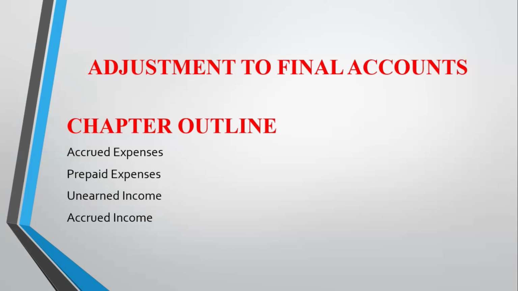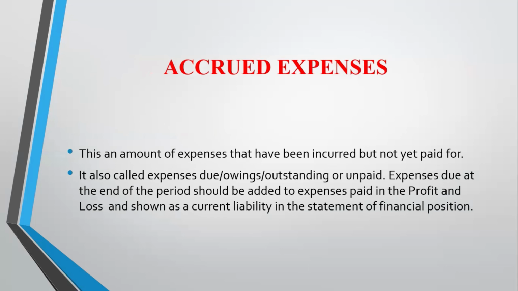So let's go through. The first one is the accrued expenses. Accrued expenses is an amount of expense that has been incurred but not yet paid for. We've incurred the expense, but it has not been paid for.